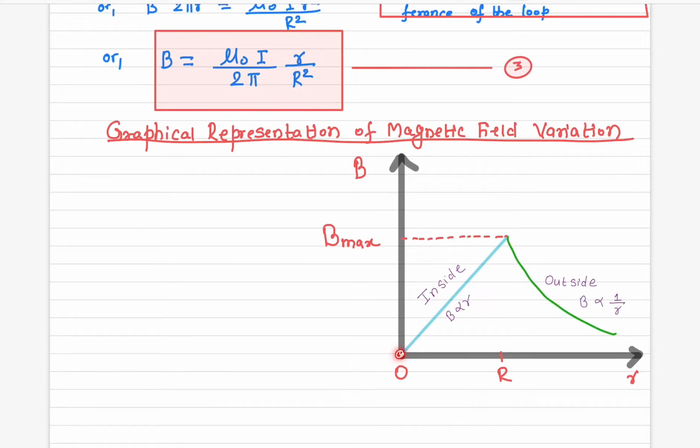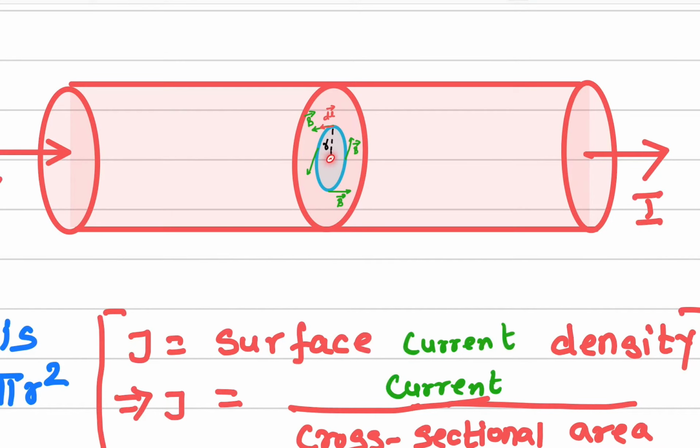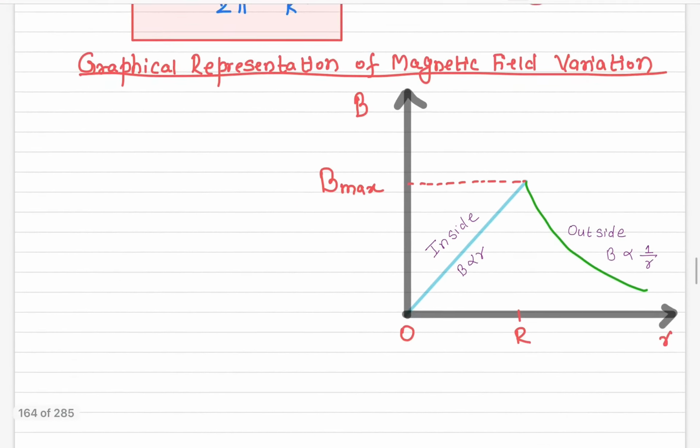That means at the center of the cylinder the magnetic field will be 0, and as we go outside, it increases, and at this point it is maximum. If I go further from here, then it starts decreasing. That's exactly what is shown here.